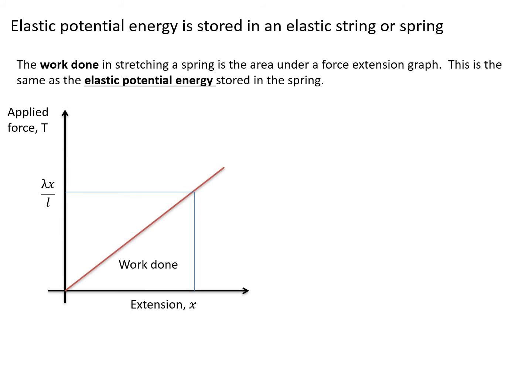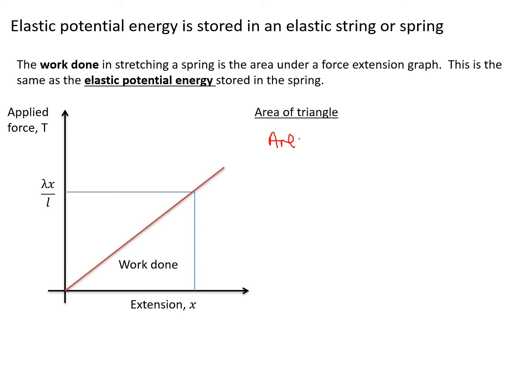So here we are, here's a force extension graph. Okay, so you've got the applied force T on the vertical axis, so that's lambda x over L at a particular point, and the extension on the horizontal axis x. Okay, so if we're going to find the work done, then we're going to find the area under the triangle.